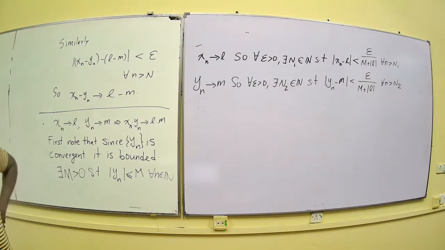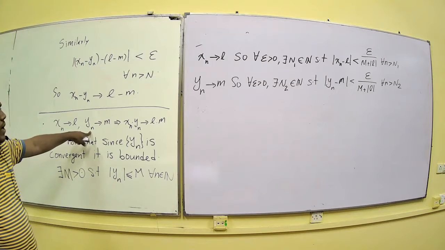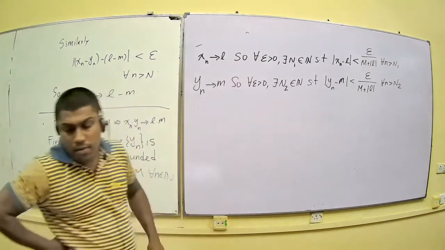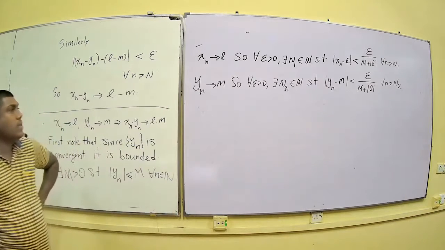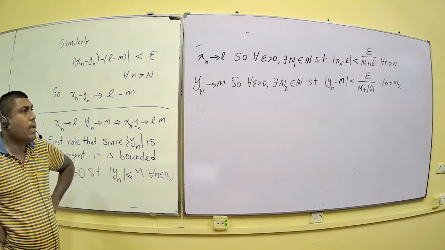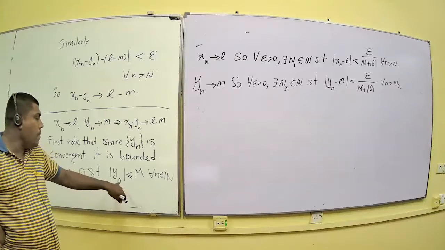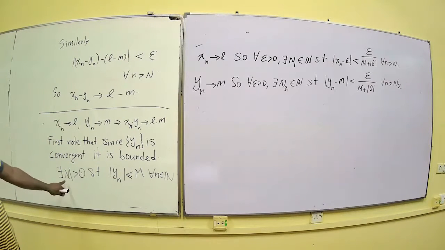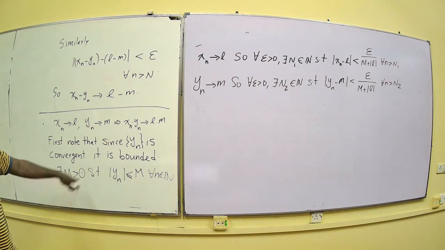Then it was given that xn converges to L and yn converges to M. So you can say that for every positive epsilon, there exists n1 such that, this time in place of epsilon, I write epsilon over M plus the absolute value of L. M is given, M is something you find here because of boundedness.